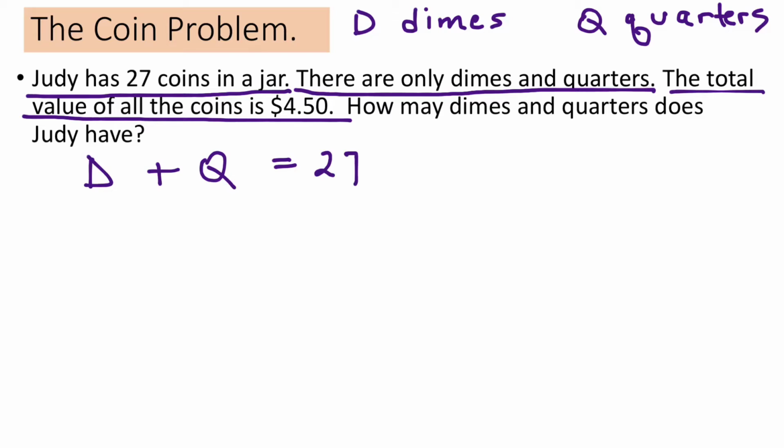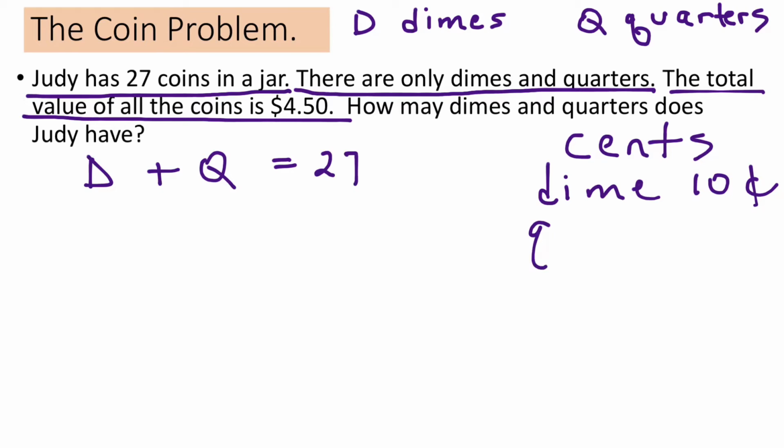We don't want to mix units here, dollars and cents together. So it makes most sense to work in terms of cents, because a dime is 10 cents and a quarter is 25 cents.